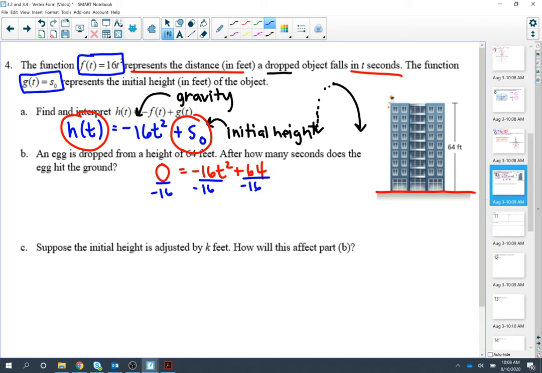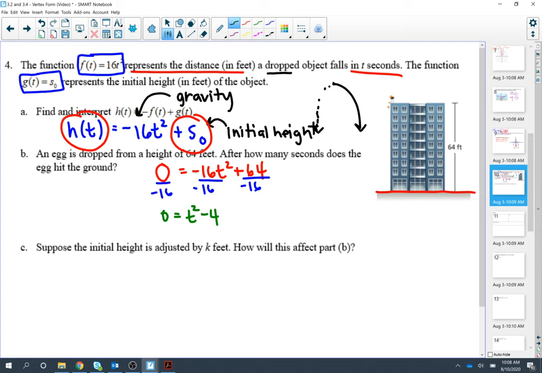And just to make sure that I'm not making any mistakes, I'm going to grab my phone and take 64 divided by negative 16. So 64 divided by negative 16 is negative 4. So on the left, I'm going to have 0 equals t squared minus 4.